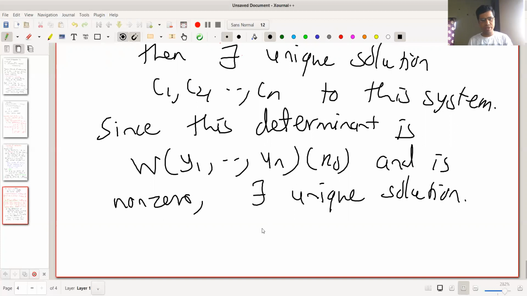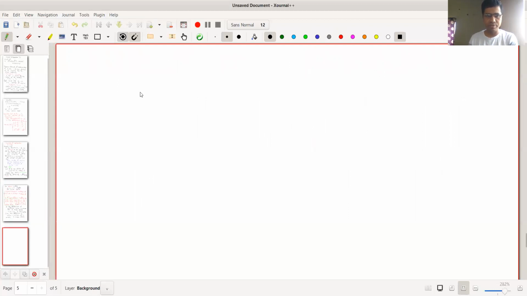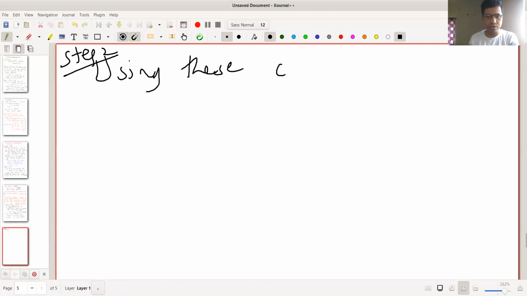Now C1, C2 to Cn are known things. So from these constants we define a new function, step 2, using these constants. Now these are known constants.